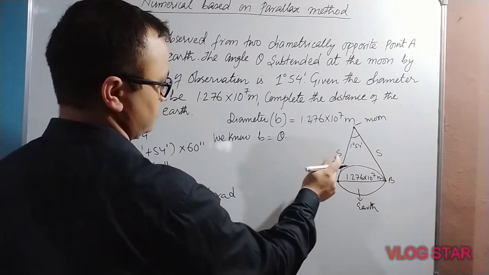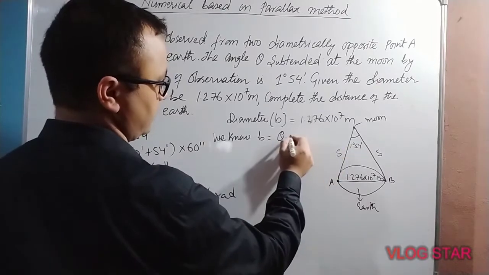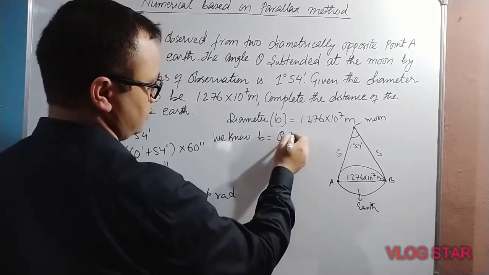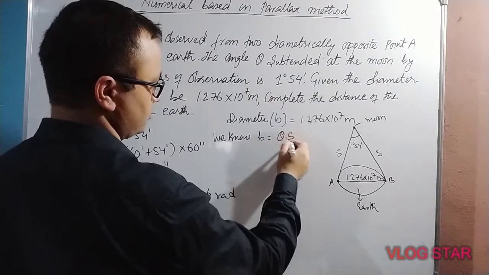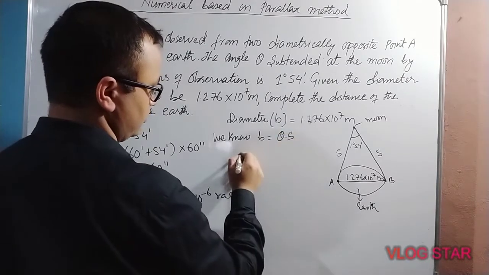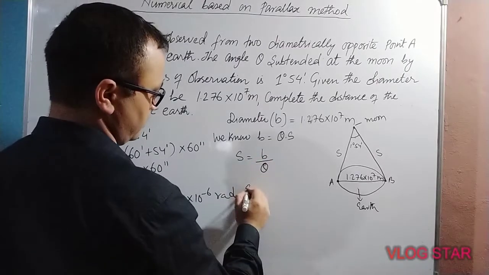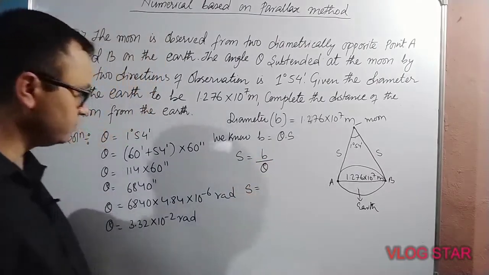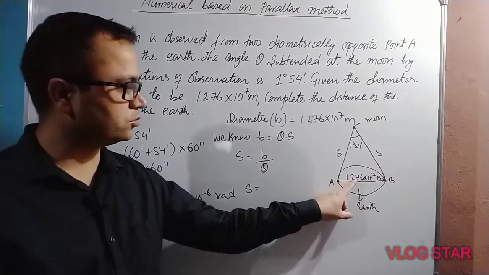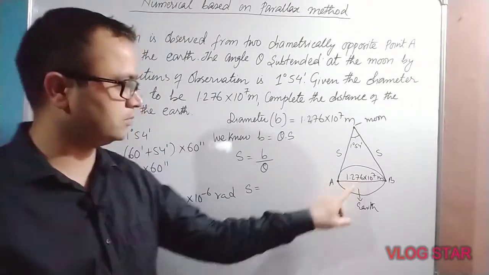Theta is theta and radius is s. We want to calculate this quantity, the distance. So s equals b by theta. What is the value of b? b is 1.276 into 10 to the power 7 meter.